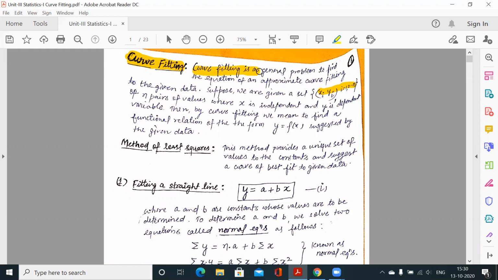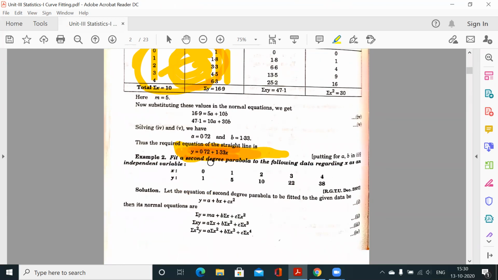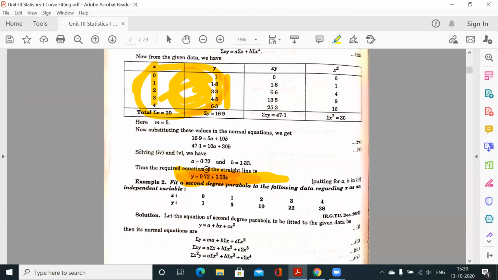Curve fitting is a general problem to find the equation of an approximate curve. Remember, this is an approximate curve, not an exact curve. If this were an exact curve, whenever we substitute 0 for x, it must give us 1, and whenever we substitute 1 in this function, it must give us 1.8.